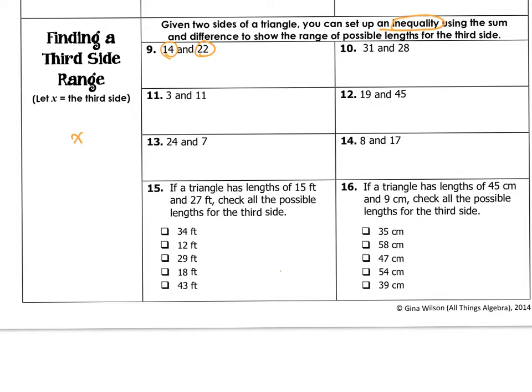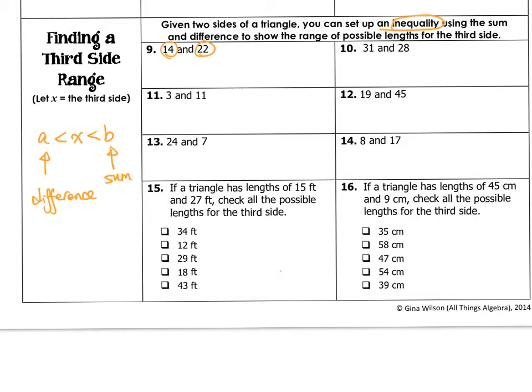If I assume X to be the third side, regardless of whether the third side is the longest or the shortest or the middle one, I know X has to be in the range between A and B. And A is the difference between the 2 sides given. Difference. And B is the sum.